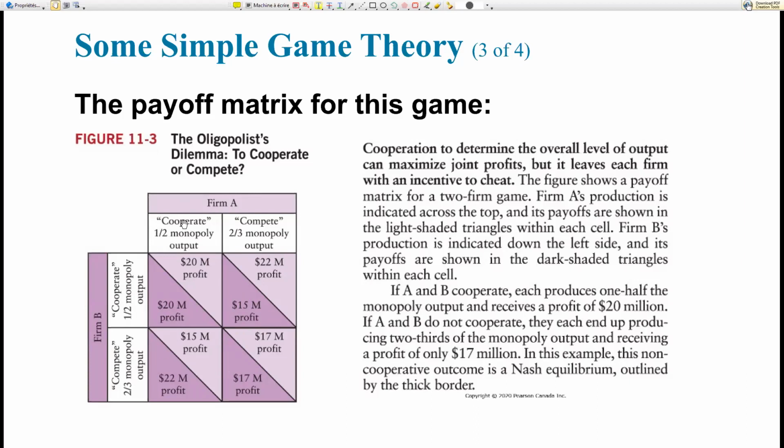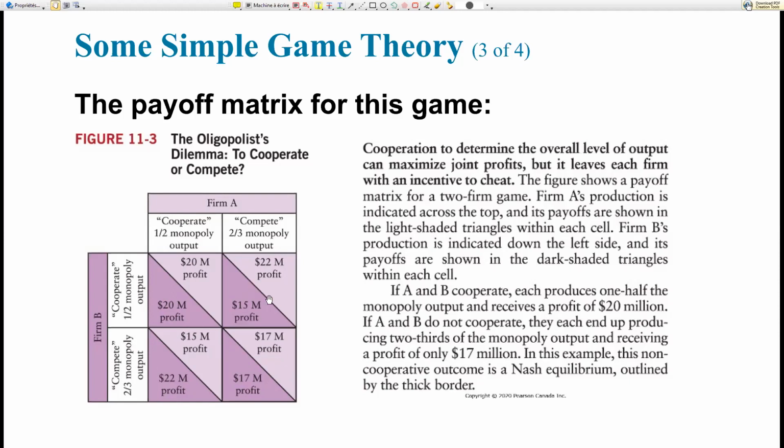And if the opposite happens, if firm A decides to cooperate and firm B competes, then firm A has 15 million, firm B has 22 million. And if they both compete, then they both get 17 million.